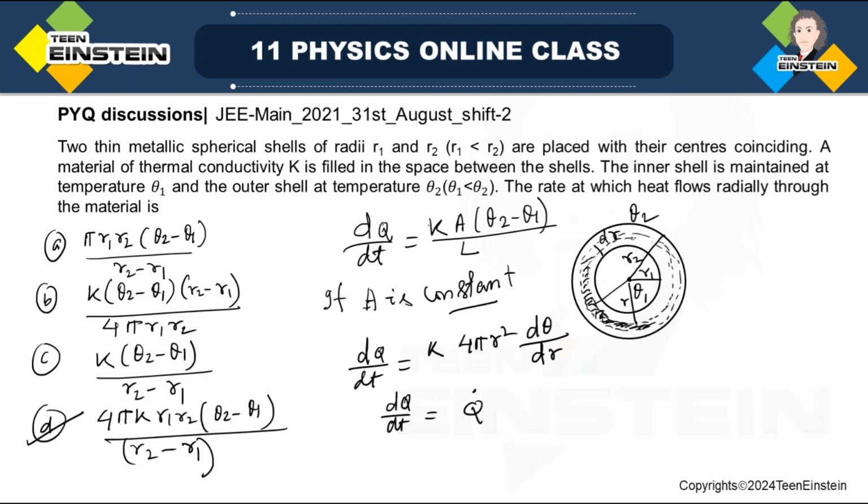In general you might have read that if temperature theta 1 is greater than theta 2, the heat flow is happening from inside to outside, radially outward. But in this case, the question asked here is that the heat is flowing inward.